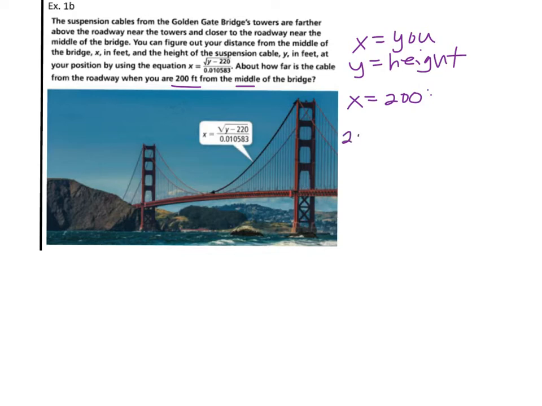If we set 200 equal to that square root of y minus 220 over 0.010583, to solve this, we want to get y by itself, which means we have to isolate our radical. That means we have to multiply the decimal 0.010583 on both sides.